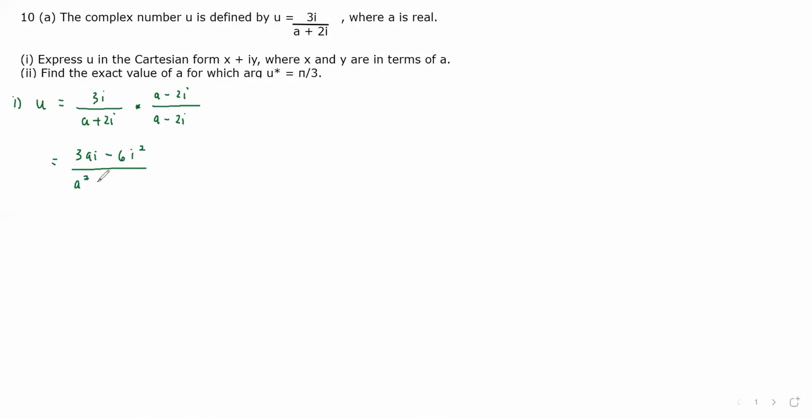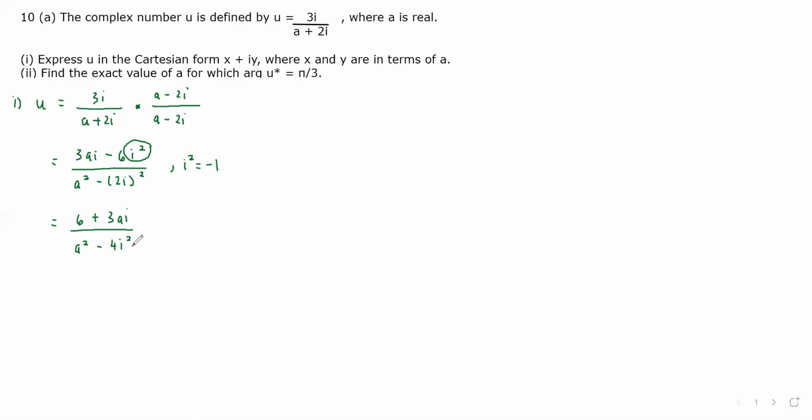So we have a squared minus the square of 2i. We know that i squared is negative 1 for a complex number. So this i squared is negative 1. Negative 6, negative 1 gives us a 6. So we can write this as 6 plus 3ai. In the denominator, we have a squared minus 4i squared.